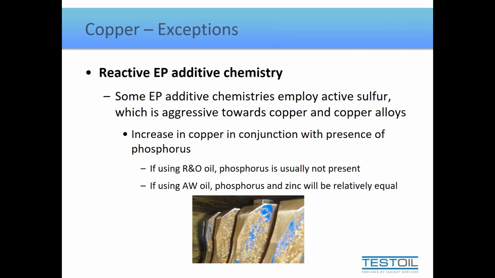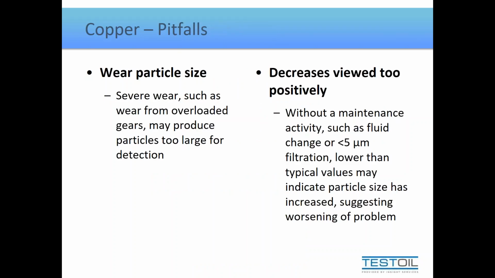Now, something to note about copper in terms of the pitfalls is that when we have brass and bronze parts, sometimes in cases like overloaded gears, we might be tearing the metals off so rapidly under such abnormal wear conditions that the particles are too large for detection.